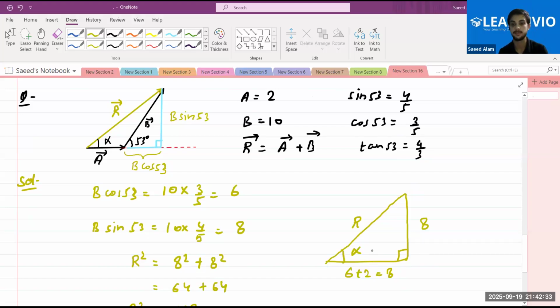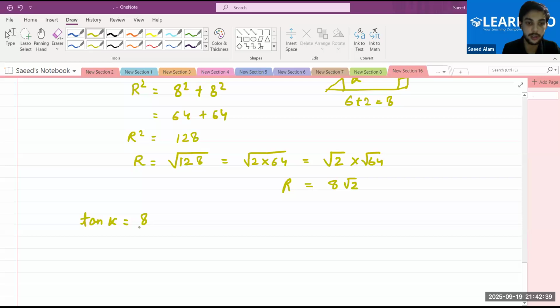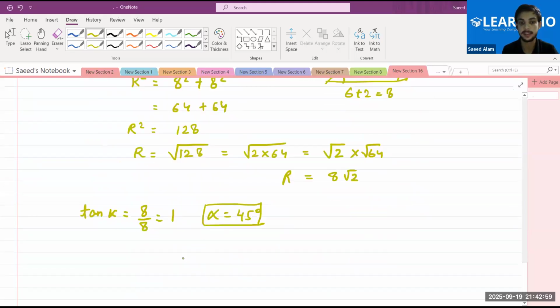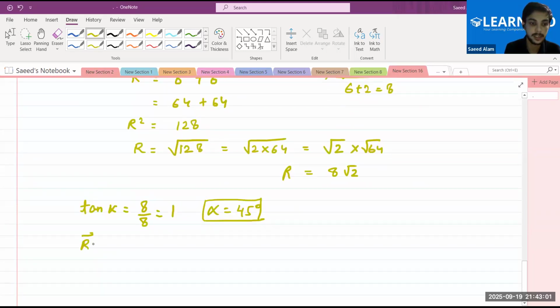This will also be the alpha. 8 by 8, exactly. And that will be equal to 1. So alpha will be equal to 45, the tan gives the answer to be 1 at 45 degree. So what I can say is that the resultant R will make an angle of 45 degree with A. Yes or no?